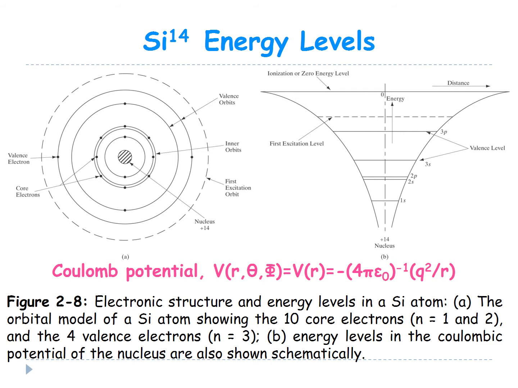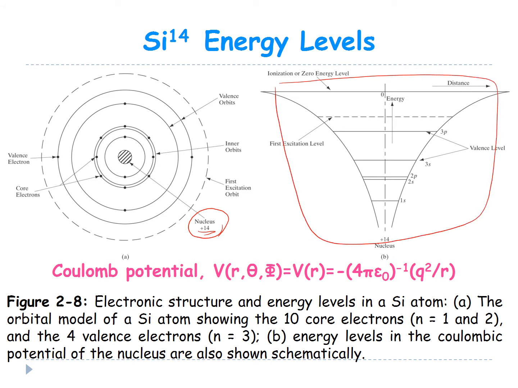Here we have the representation of the silicon atom. So you can see you have your nucleus, which contains 14 protons that are positively charged, and around it you have all these electrons. And in terms of energy level, you can represent it like that.